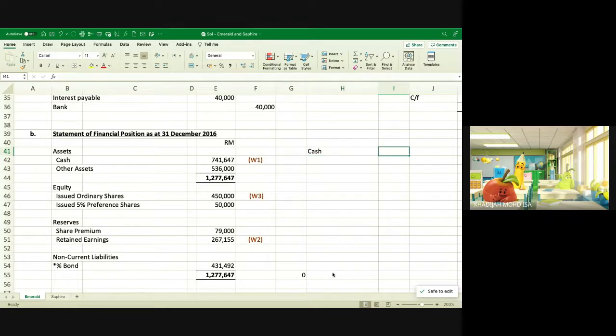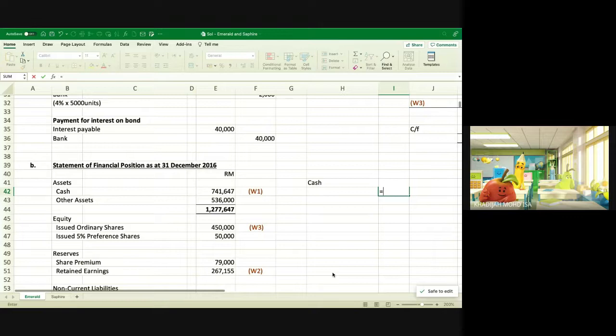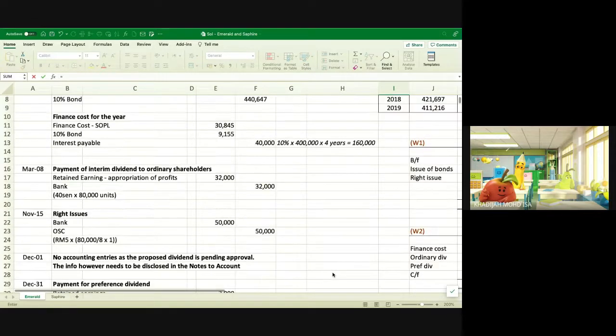How do you get it? You get 325,000, and then add, what is the entry? Whatever you have in cash here, you add.